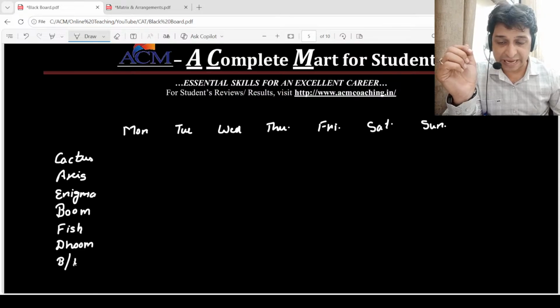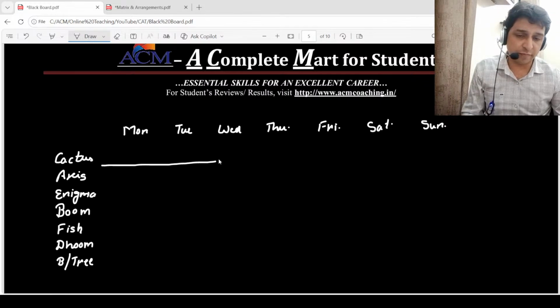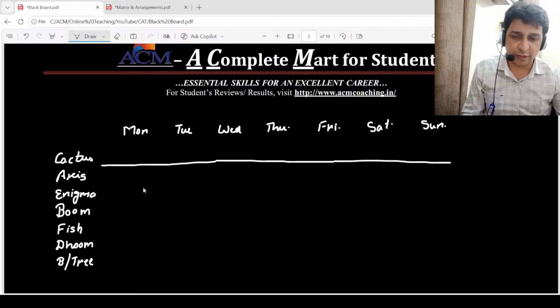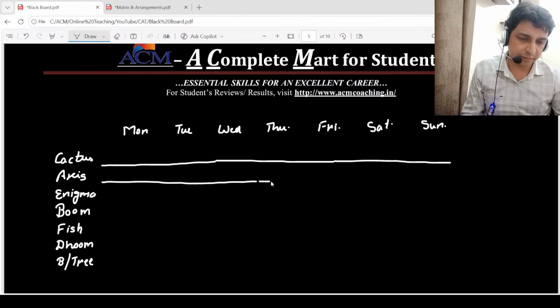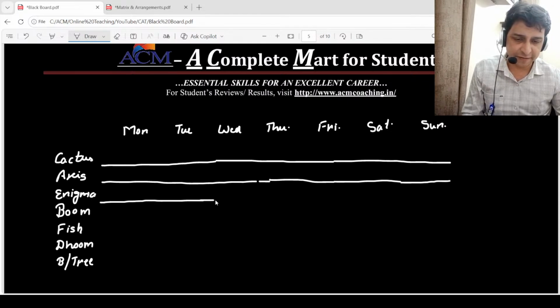So there are seven bands, 7 days. We have to schedule all of them. And as we have the information, we can use the matrix method here. So we're drawing the lines.